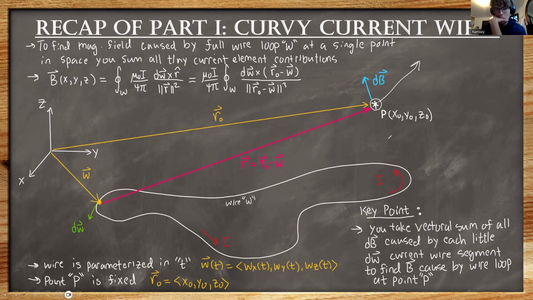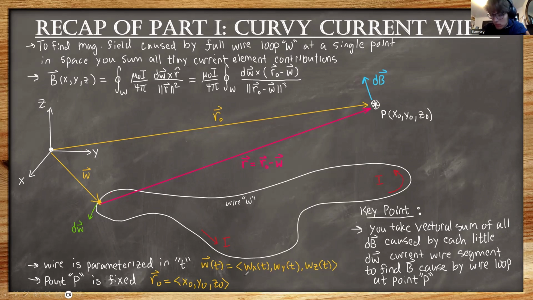And to do so, it looks a little something like this. You just integrate the Biot-Savart element across the entire closed loop wire. In this case, the arrow that points from our coordinate center to the point of interest, where we want to find the magnetic field, we call that R naught. And the vector that points from our coordinate center to a single point on the wire, we call that W. And we parameterize W with a parameter T because any curve in three-dimensional space requires parameterization.